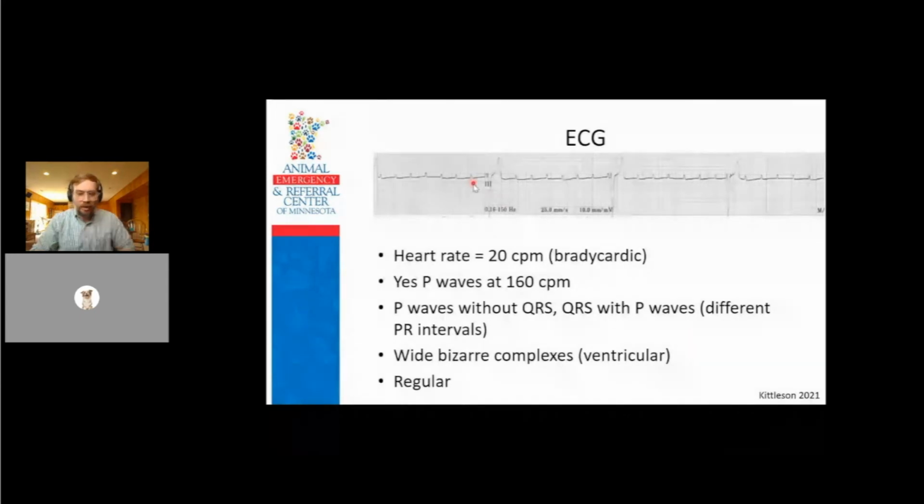Here you can be like, oh, I guess maybe this P wave could be causing this complex, but if you start measuring, they're all different PR intervals, and these complexes are wide and narrow and bizarre, so they're a ventricular escape. If you have third degree AV block, I think give a dose of atropine on the rare chance that it's going to improve it, but a lot of times it won't, and really this needs referral for an emergency pacemaker if the clients are interested, because if this escape rhythm goes away, the dog could die.